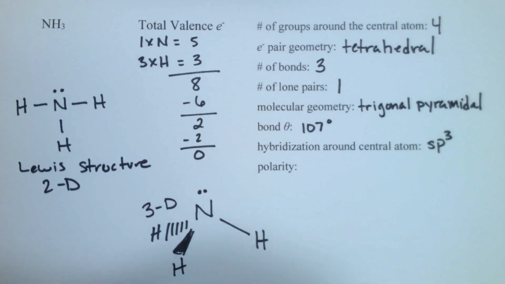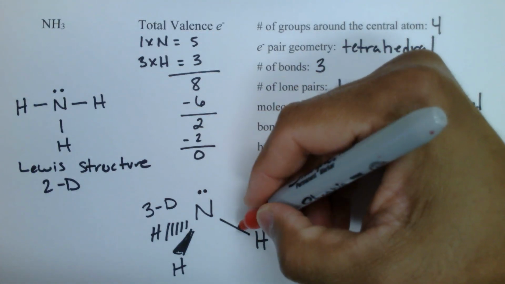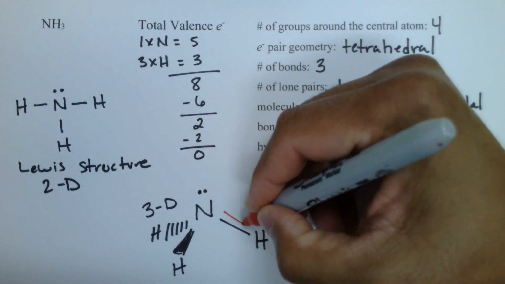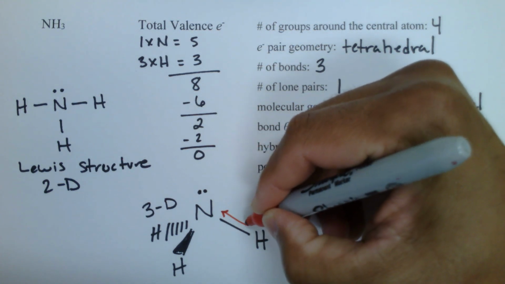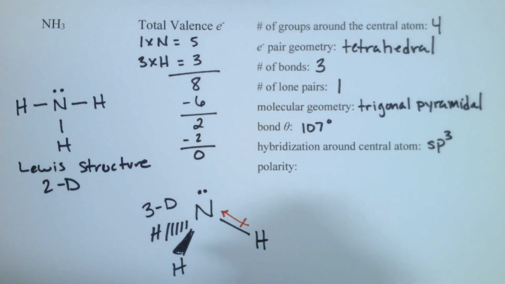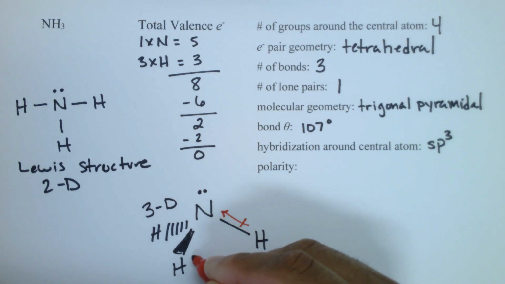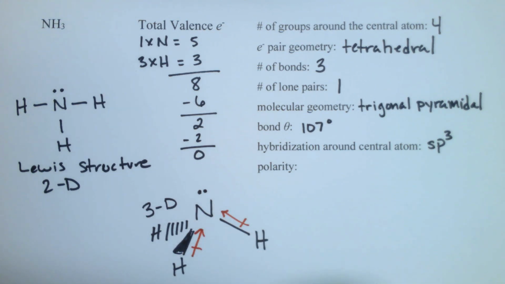So when you look at the bonds, this nitrogen is actually pulling this pair of electrons towards it. So there's a dipole right through here. Same thing here with this atom that's pointing towards you. This bond right here is being pulled towards the nitrogen. And this hydrogen's pointing away from you. This bond right here is being pulled towards the nitrogen. So you see the electron density being pulled upwards towards the nitrogen.